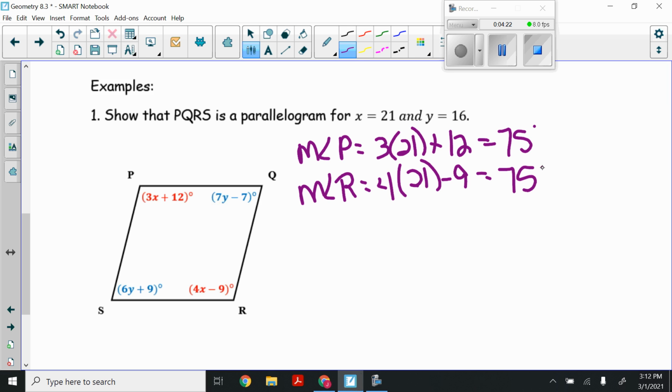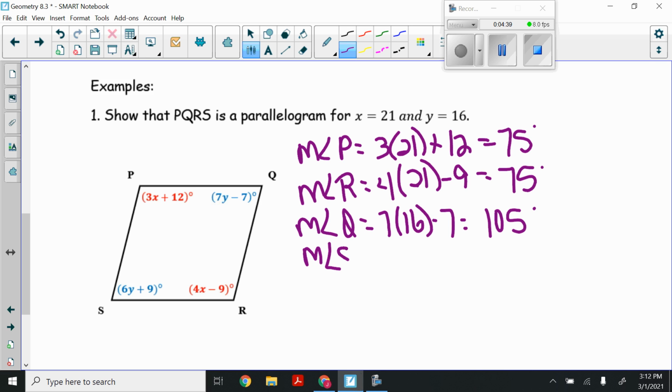So now I need to do angle Q and angle S. So the measure of angle Q is 7 times, instead of y, 16, minus 7. 7 times 16, and then subtract 7, that gets me 105 degrees. Measure of angle S, 6 times 16 plus 9. So 6 times 16 plus 9 gets me 105 degrees.